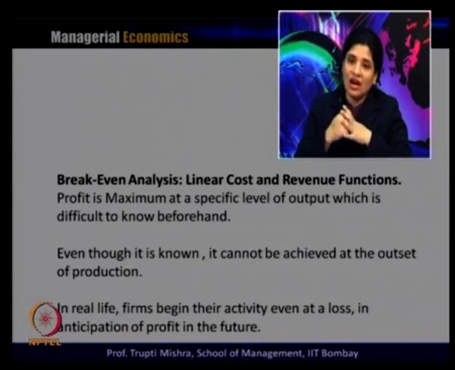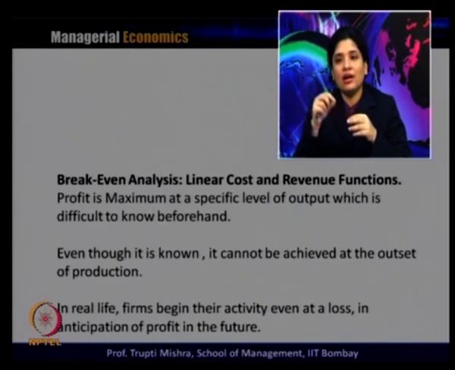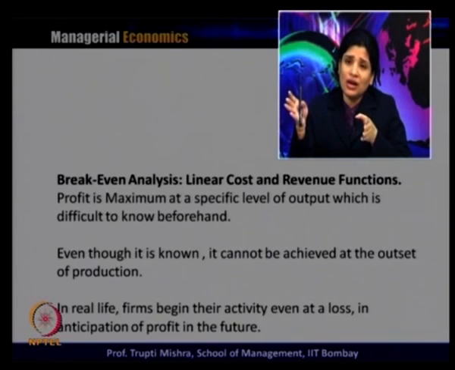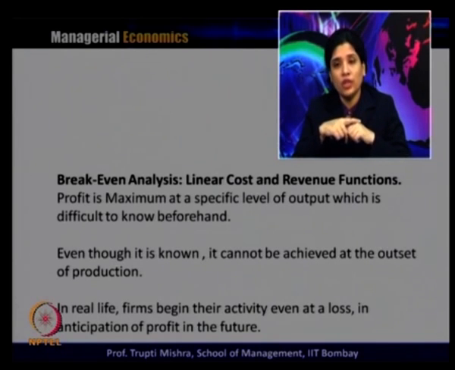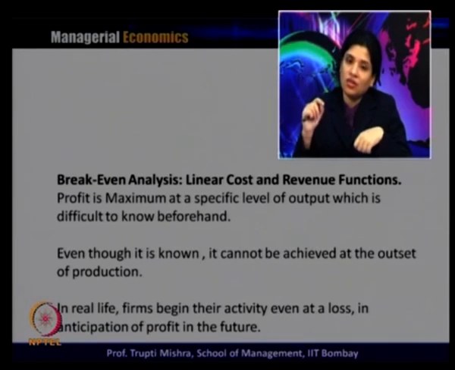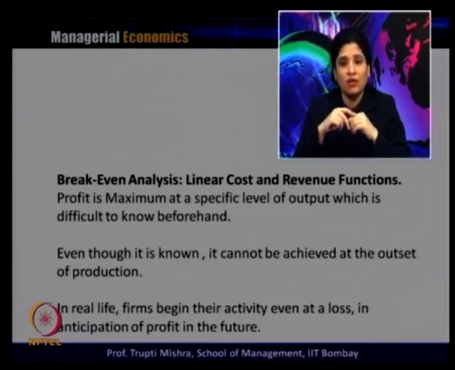When someone starts a business, it is not that they get profit on day one. Initially there is a threshold time where the firm begins the activity and continues it even if it is a loss. Why do they continue even if they are incurring a loss? Because there is an anticipation that they will get profit in the future.